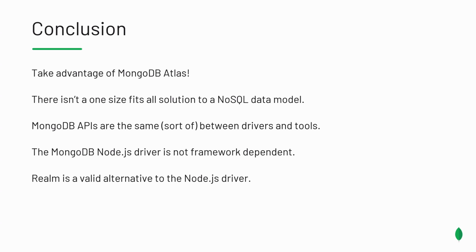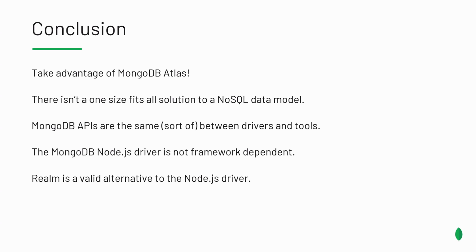The APIs: we saw 3 different ways to work with MongoDB here. We saw the CLI, the Node.js driver, and Realm, and they all had the same functionality. So switching between languages and some of the platforms within MongoDB, you're going to have the same experience or very close to the same experience. We saw the Express framework.